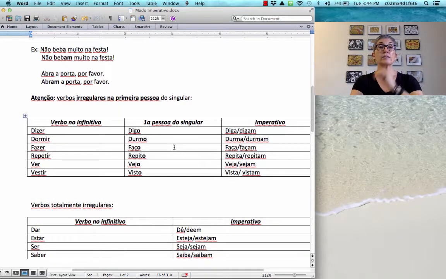Now, let's take a look at some verbs that are irregular in the first person. So remember that some verbs are conjugated in a different way, only in the first person singular. Because the imperative originates in the first person, you're going to keep the same different form. So for example, the verb dizer, to say.